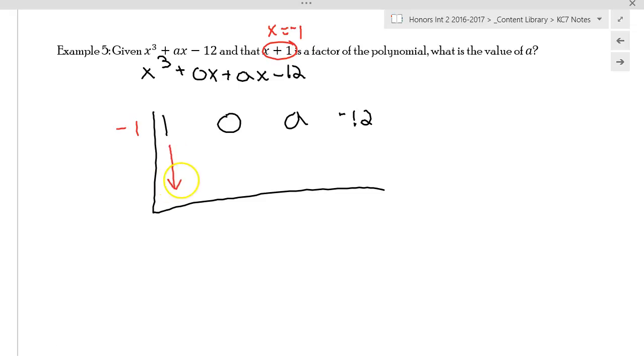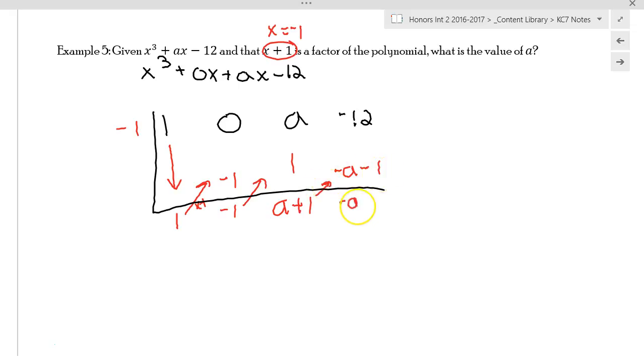I'm going to bring this 1 down, multiply by negative 1. 1 times negative 1 is negative 1. 0 plus negative 1 is negative 1. Negative 1 times negative 1 is positive 1. Adding a plus 1. Now I need to multiply. So I get negative a minus 1 when I multiply that by negative 1.